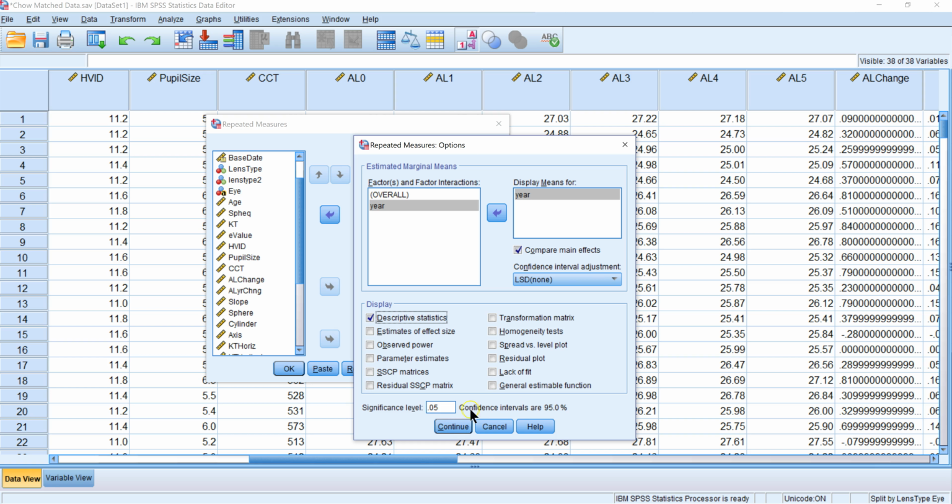And one thing I do want to do is do the Bonferroni correction.